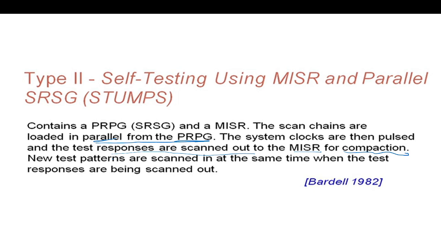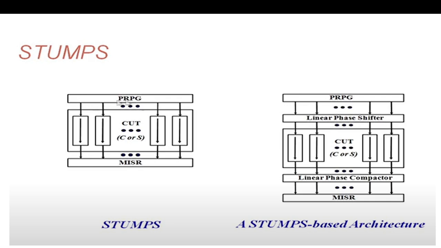The new test patterns are scanned in at the same time when the test responses are being scanned out. So in STUMPS we have the pseudo random pattern generator for applying the inputs and the MISR at the output. And these are the scan chains, separate scan channels applied for the circuit under test.